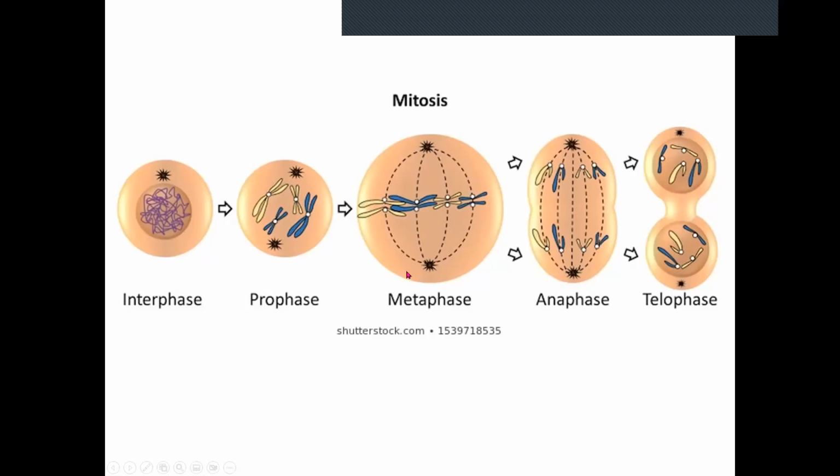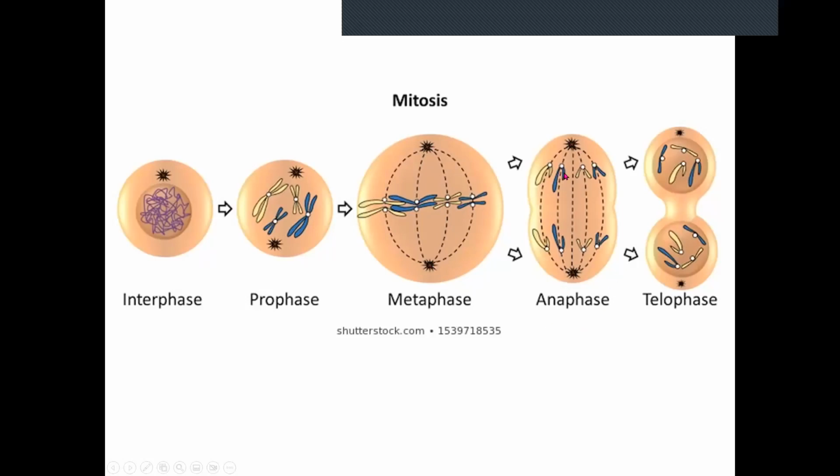The asters here throw out these very fine lines, if you like. It's got a special word I haven't thought of for a while. And each of these, so there are 4 here and 4 there, get pulled towards the ends.